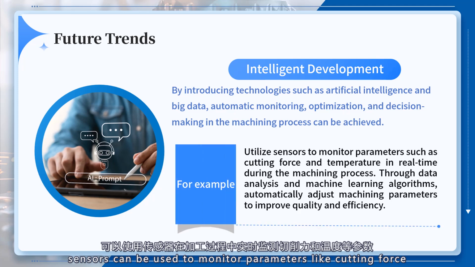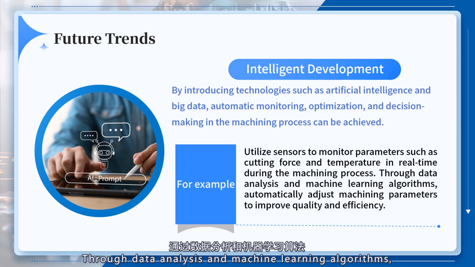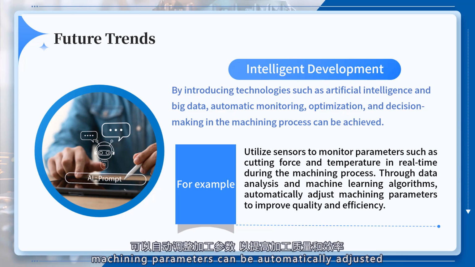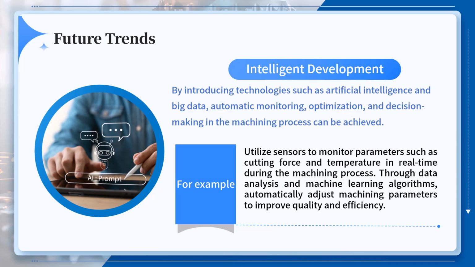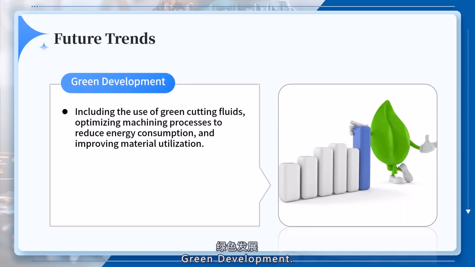For instance, sensors can be used to monitor parameters like cutting force and temperature in real time during the machining process. Through data analysis and machine learning algorithms, machining parameters can be automatically adjusted to enhance machining quality and efficiency.